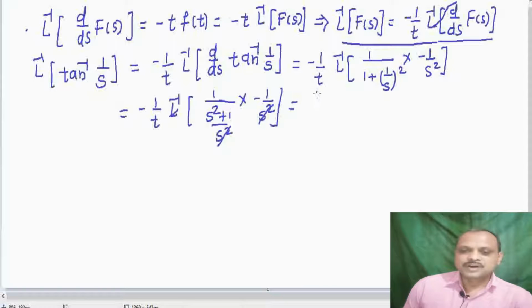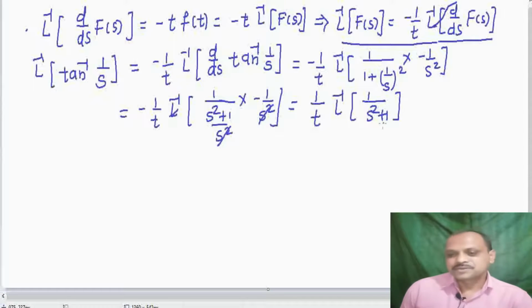So we have 1 divided by t into L inverse of 1 divided by s square plus 1. So you can see how this function is converted into a simple standard formula of Laplace inverse. Whenever the function is very complicated, we can apply this technique.